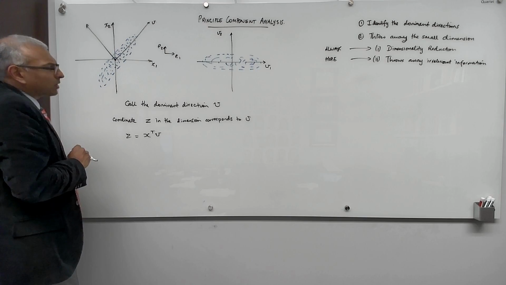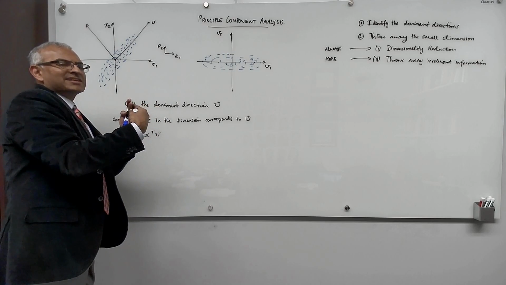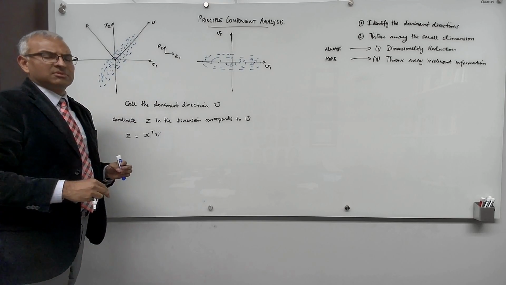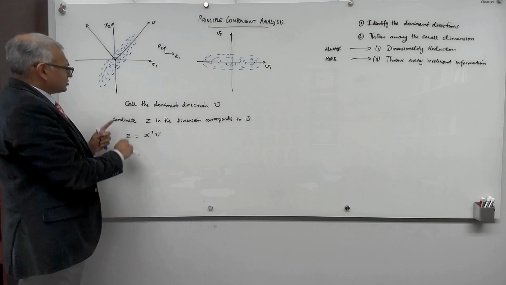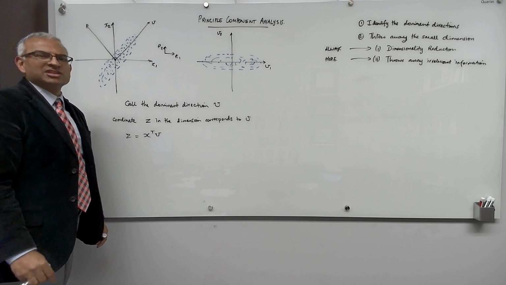And what would it mean for this direction to be dominant? It means that it has the largest variance. Now, since the mean is 0, the large variance in that dimension basically means that the square of this coordinate has the largest, in some sense, average value.